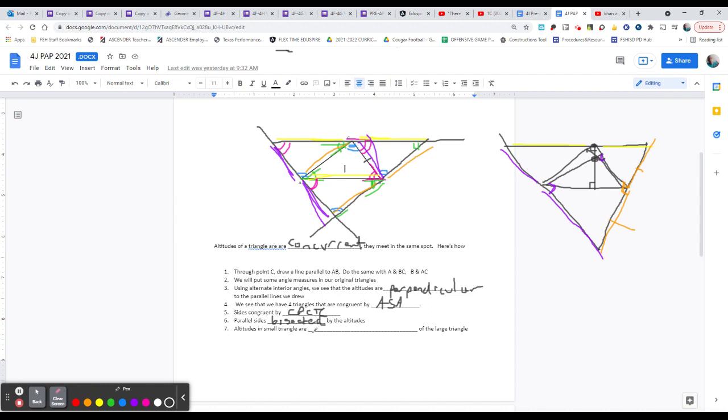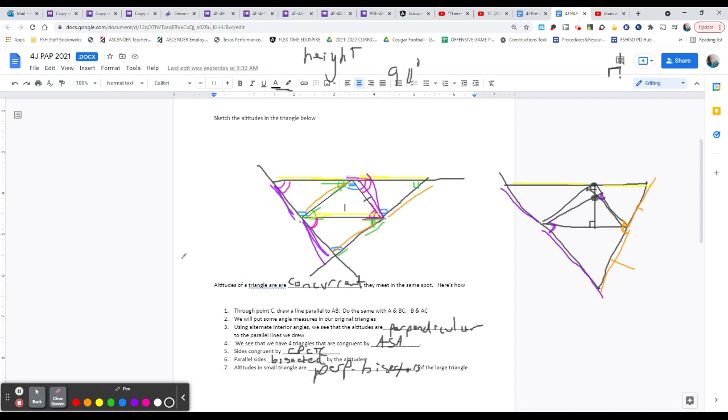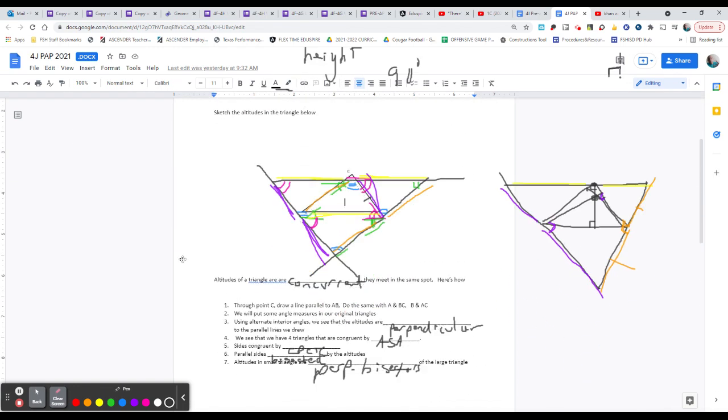Okay, altitudes in the smaller triangle are the perpendicular bisectors of the larger triangle. Okay, so kind of an interesting thing there. We may talk about it briefly. It may be brief on our quiz. There's really not a whole lot of math to do on that, but I think this is kind of a cool thing for us to look at on 4J.